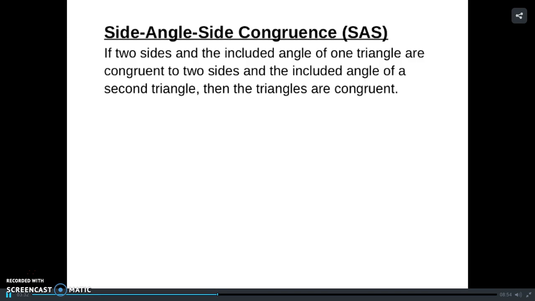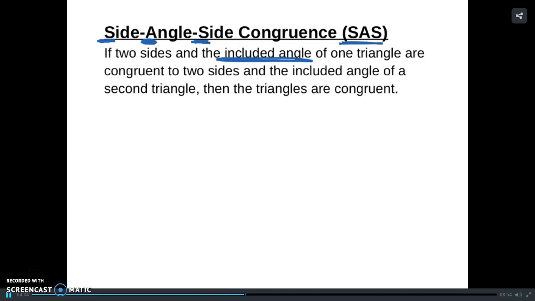So this is our second shortcut, and it is side-angle-side congruence. And you'll notice the two sides are on the ends, and the angle is here in the middle, and so that's where we get SAS. It has to go in that order. That's really important, with the A in the middle, and that will help you remember that this shortcut works if you have two sides and the included angle.